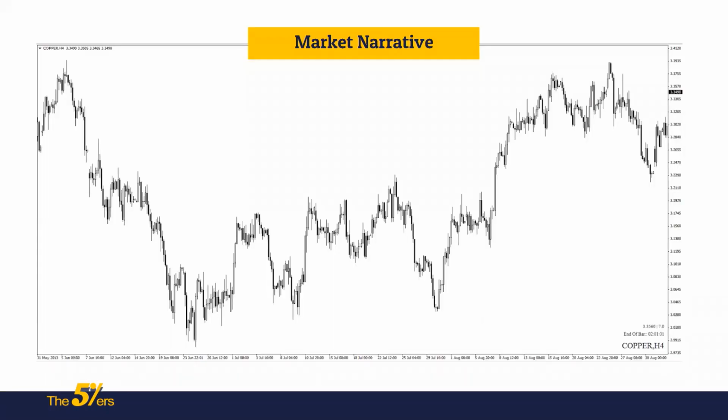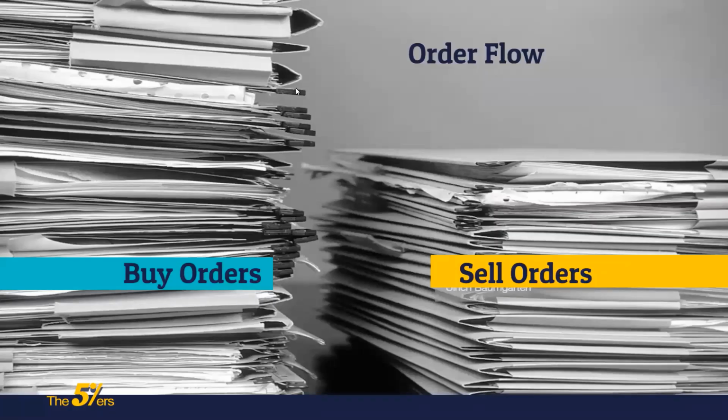Okay, so now when we look at the market, we are trying to read a story of the market and understand what happened, where is that situation where leftover orders were not fulfilled, because we know that when price comes back to this price, there is a certain amount of orders with high probability laying down there to be executed.